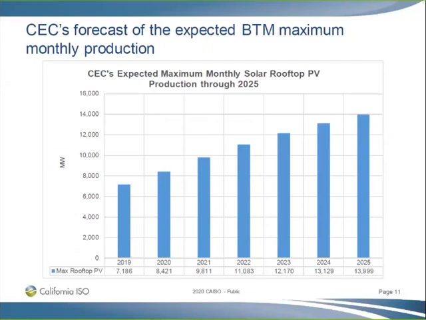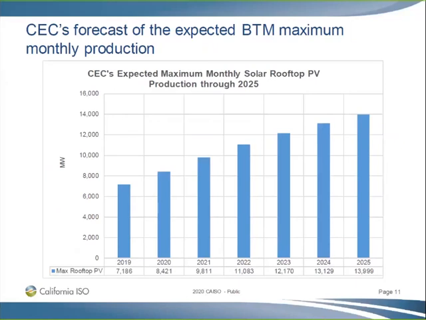And this slide shows you the maximum yearly rooftop PV production. We don't break this out by month, but the CEC does, and that's what their load forecast is based on.